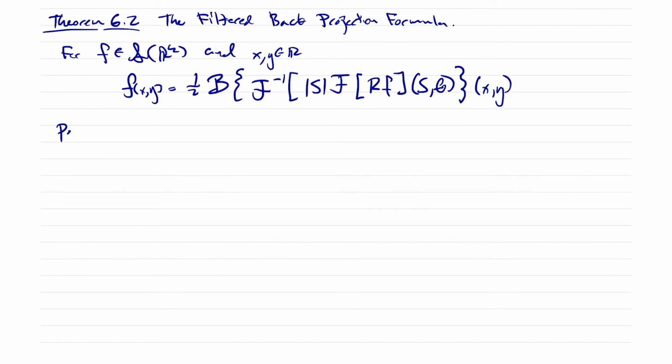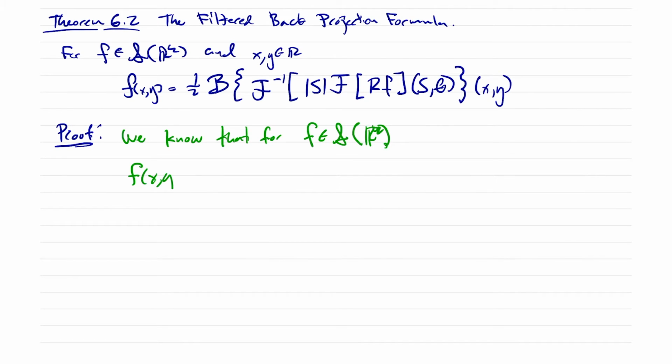So let's go ahead and prove this. And I can switch back to green. So we know that for f in the Schwartz space on R2, we have f of xy is equal to the inverse Fourier transform times the Fourier transform of f of xy, right?